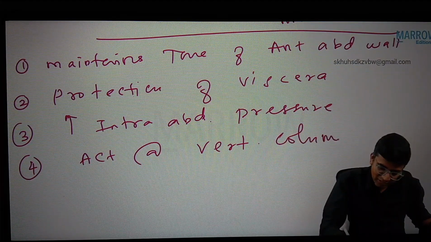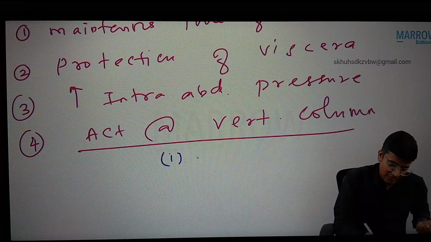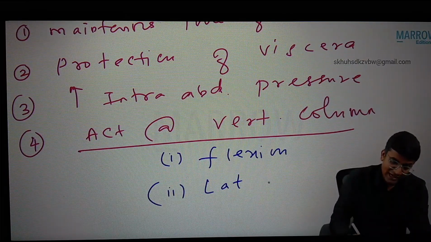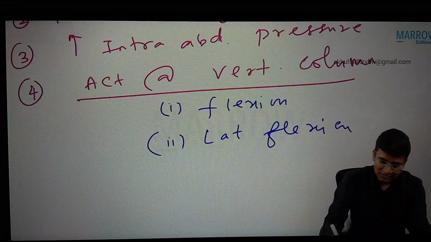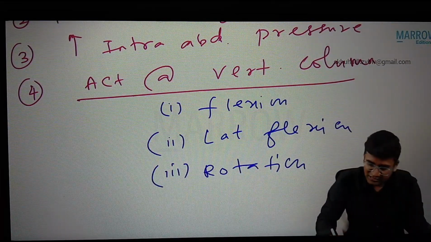So in the vertebral column, we have 3 actions. Number 1, flexion. Number 2, lateral flexion. Number 3, rotation. So these are the 3 actions.